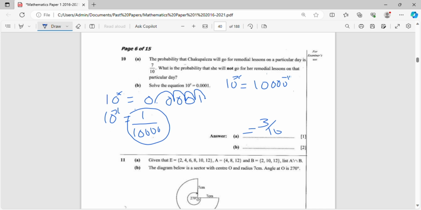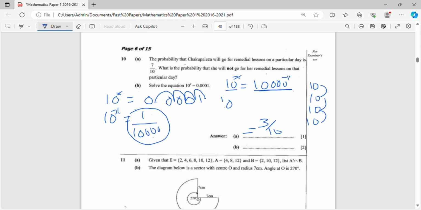Now we want to make them the same bases. The base should be 10. So how many times do we multiply 10 by itself to get 10,000? We multiply by itself 4 times: 10 times 10 times 10 times 10 gives us 10,000.